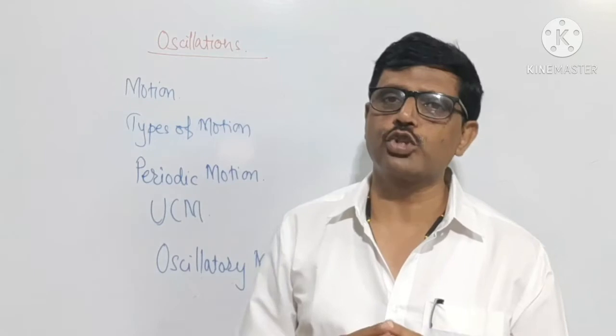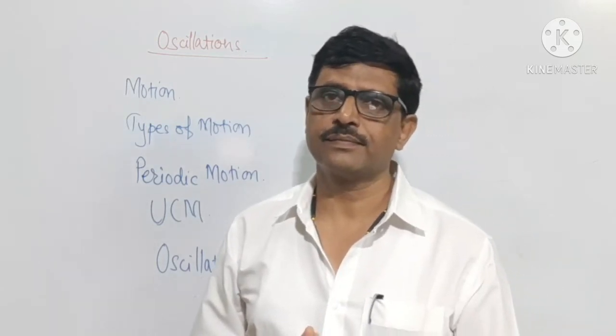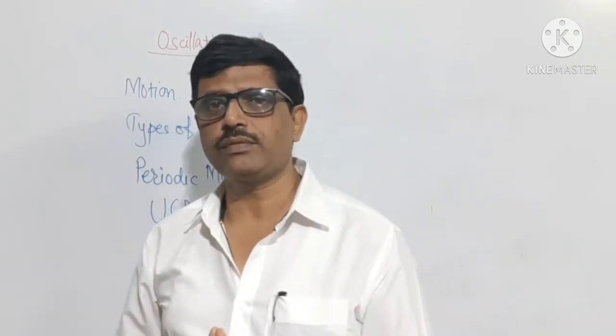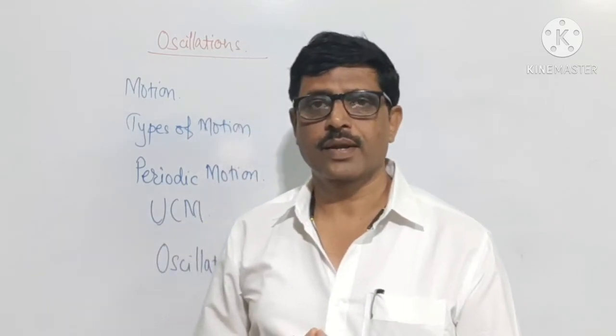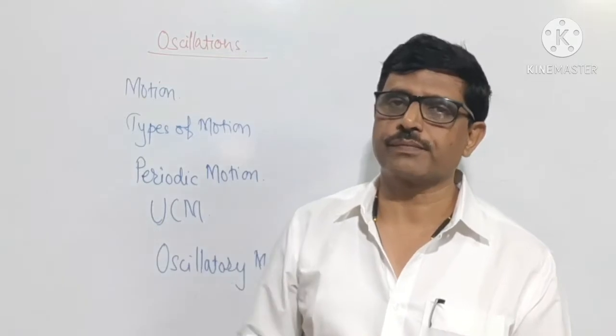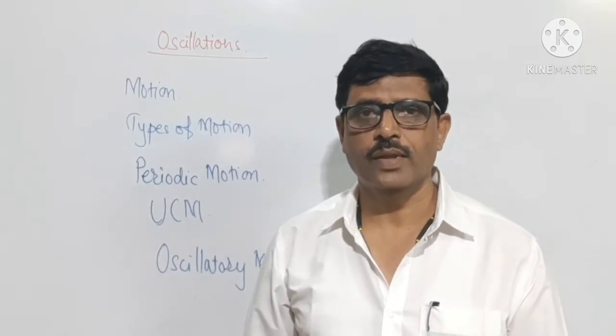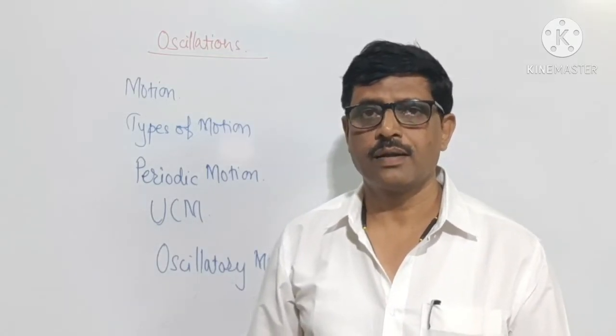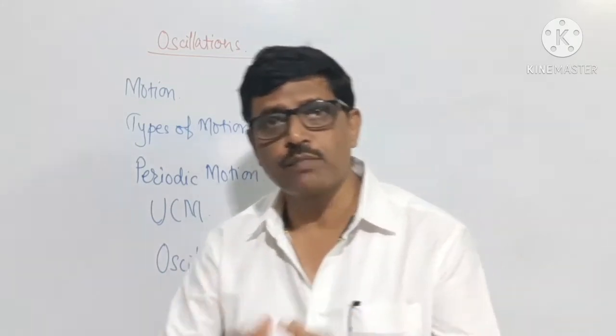The to and fro motion of an object is an oscillatory motion. And oscillatory motion is a periodic motion. What is periodic motion?